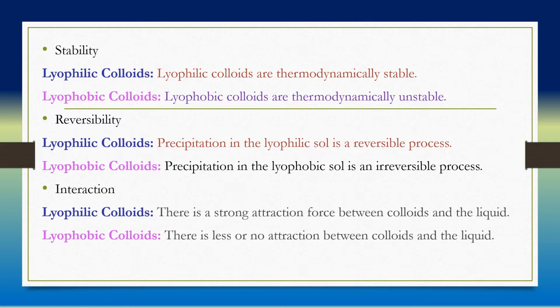The dispersed phase of lyophilic sols, when separated by coagulation or by evaporation of the medium, can be reconverted into the colloidal form just by mixing with the dispersion medium, and therefore this type of sol is designated as a reversible sol. On the other hand, lyophobic sols once precipitated cannot be reformed merely by mixing with the dispersion medium, so they are irreversible sols.